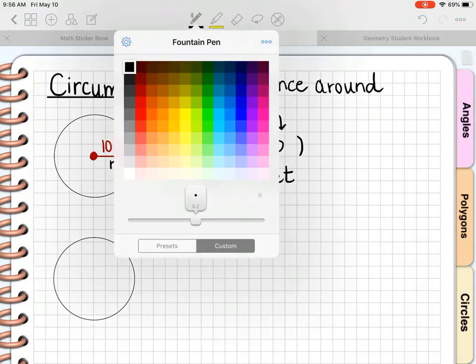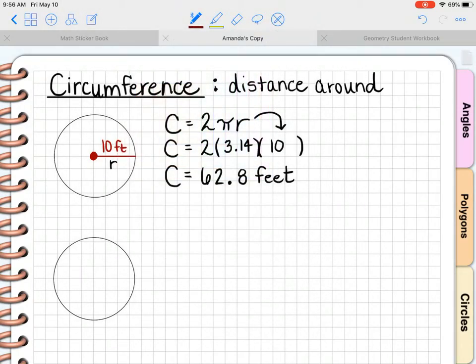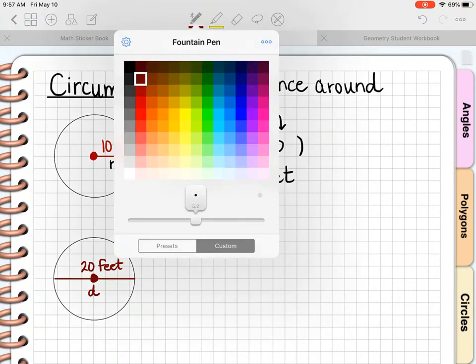So what if they give you the diameter? What if they say, okay, instead of 10 feet for halfway across, what if we give you 20 feet as your diameter? So they give me all the way across in terms of the diameter.